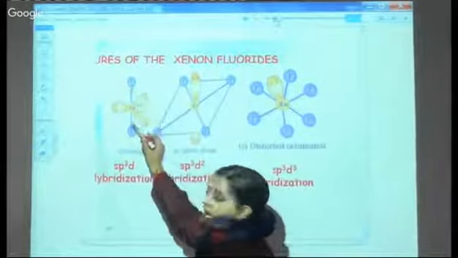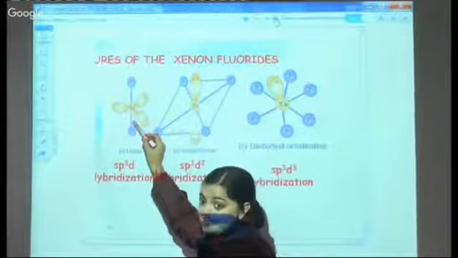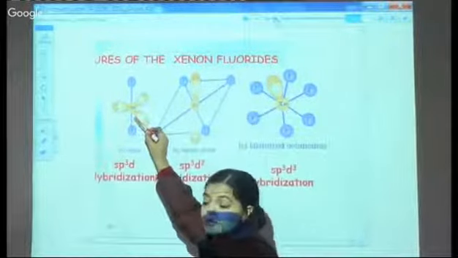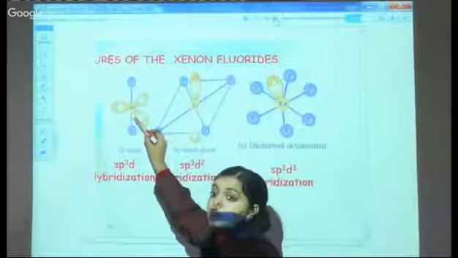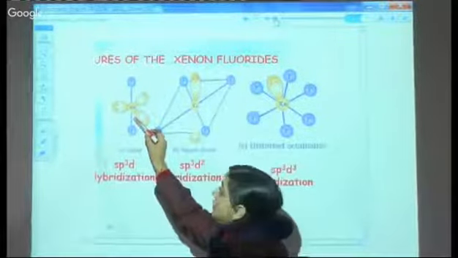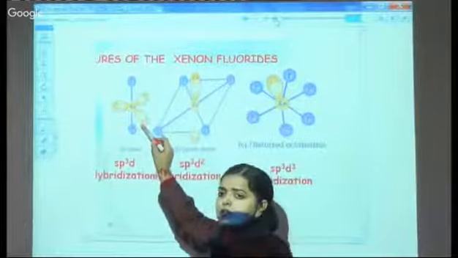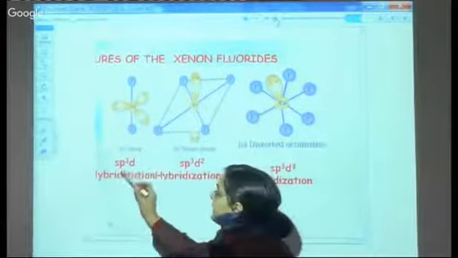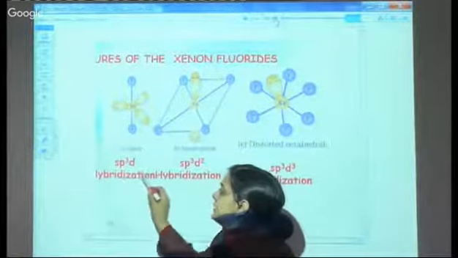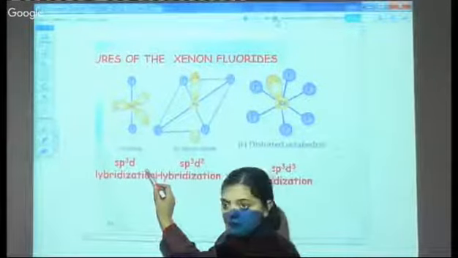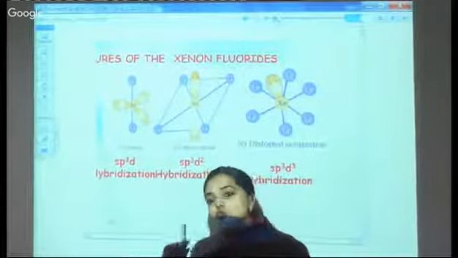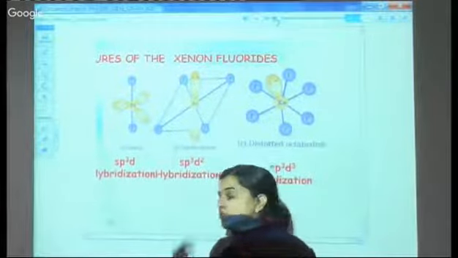That means 2 for xenon for the bond pairs, remaining 6, forming 3 lone pairs. 1, 2, 3. What geometry is it going to be? Linear. Fine. And the hybridization is going to be sp3d. Right? Because the p orbital will be requiring 2 of its electrons to move.